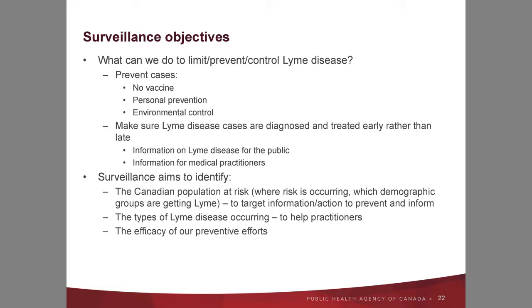So the surveillance aims to identify the Canadian population at risk, geographically but also demographic groups, so that we can target information to those who are most in need, and also get information about the types of Lyme that's occurring, which we hope helps practitioners, but also gives us an idea of how well we're doing at informing people.